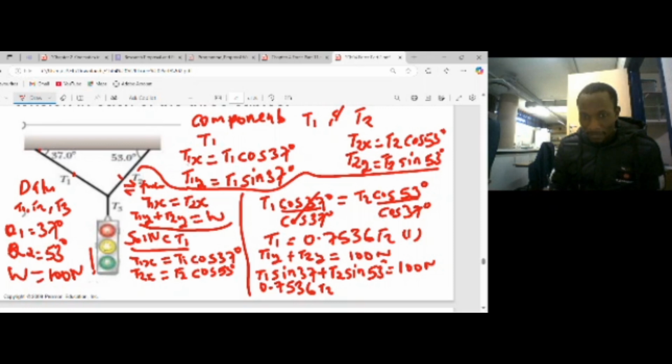So we're going to say 0.7536 T2 sin 37 plus T2 sin 53 is equal to 100 Newton.